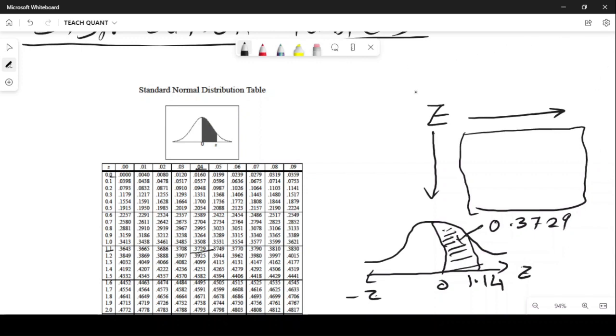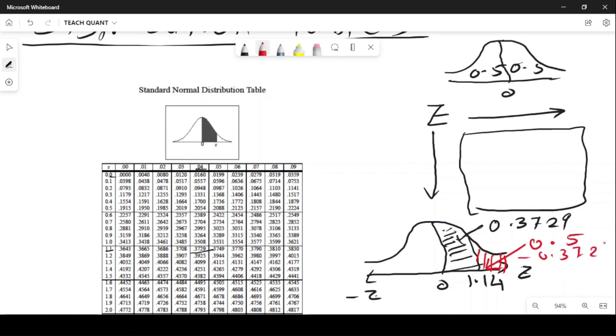The other thing I've not mentioned is that for a normal distribution curve, because of symmetry, we take this side to be 0.5, and this side is 0.5. So technically, if I know this part, then this other part that I'm shading in a different color, the red part, will be 0.5 minus 0.3729. That will give me this part, because one side, all of it, is 0.5. And if I know a portion of it, I'll be able to get the equivalent part.